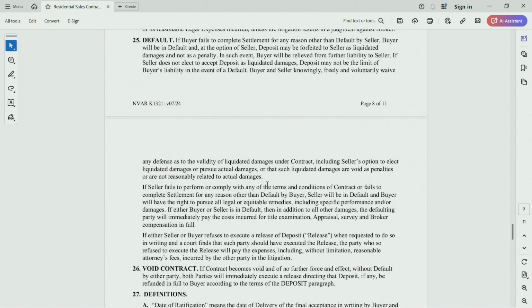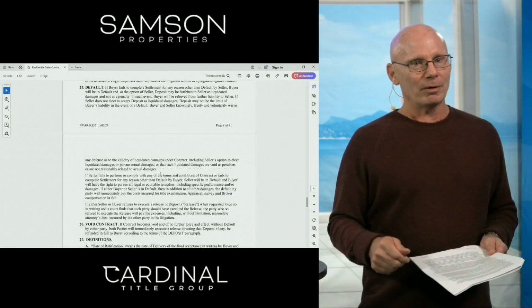So it all depends. Paragraph 25, everyone's favorite paragraph, is the default paragraph. Now, this is always a great paragraph to have your clients read, right? I've seen some agents that actually make their clients initial this paragraph so that they understand the ramifications of default, right?